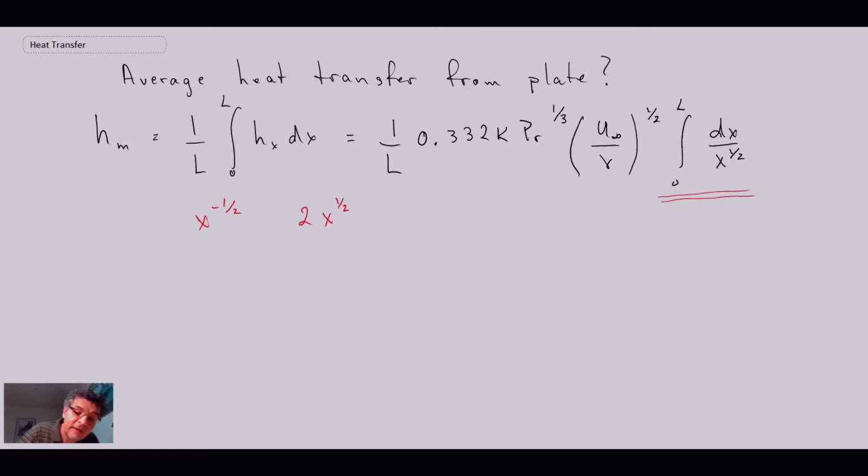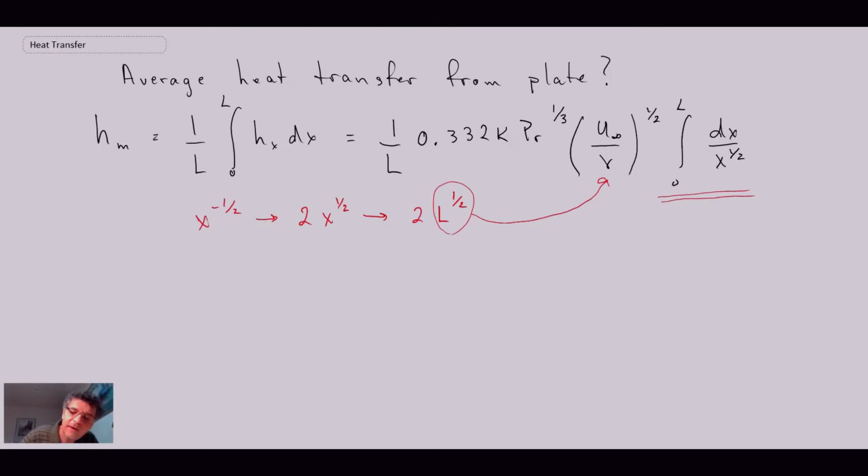And when we sub in the limits of integration, that is going to be 2L to the 1/2, so the overall length. And with that, that essentially enables us to take the L to the 1/2 and pull it into this term here. And if you look at that, that is nothing else but the Reynolds number. So it's kind of a convenient little thing that occurs.